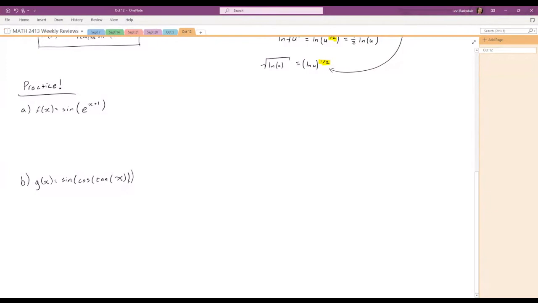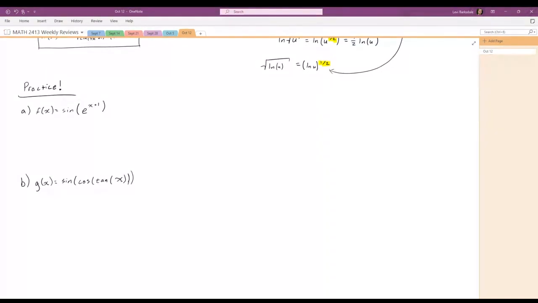All right. And yes, these problems are maybe just a little bit mean, but not that mean. I'll give you a couple of minutes to work on those.